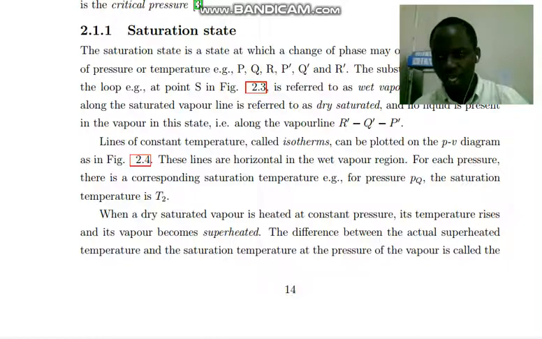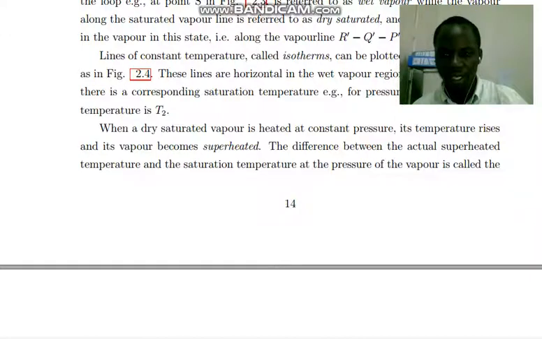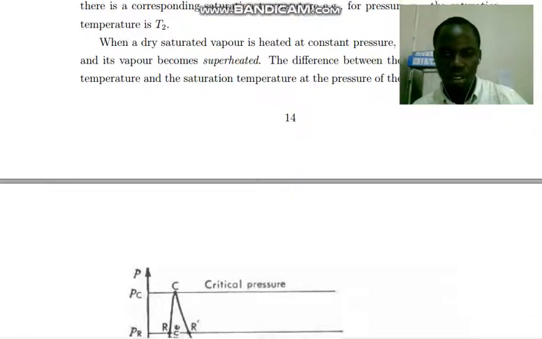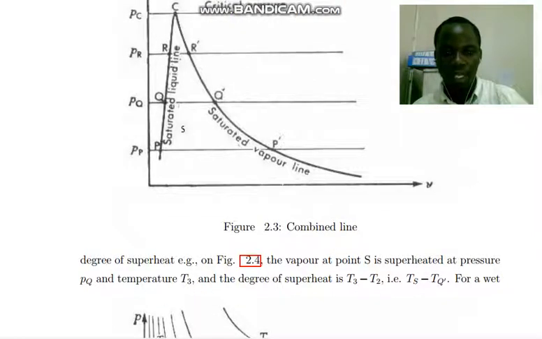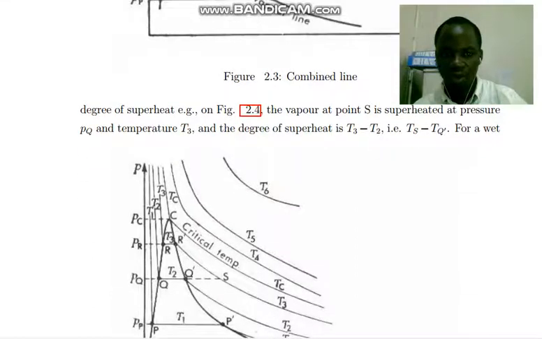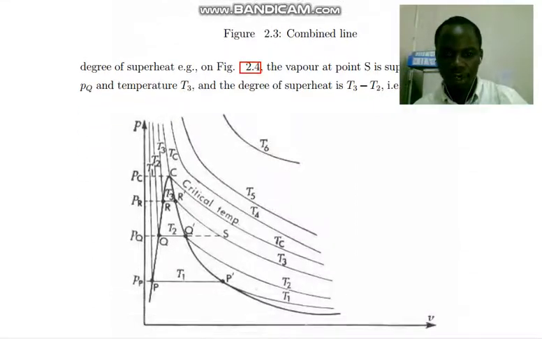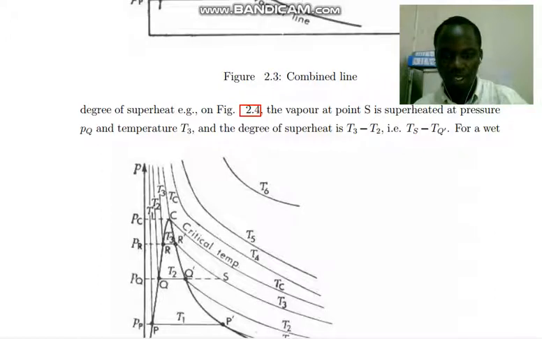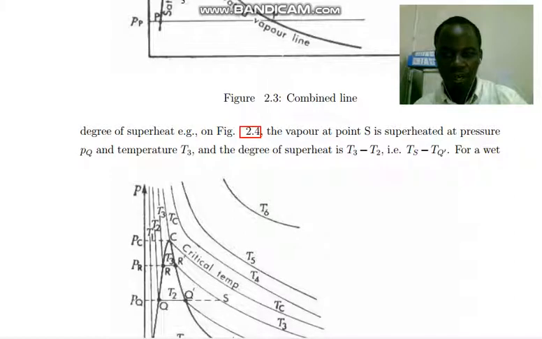The difference between the actual superheated temperature and the saturation temperature at the pressure of the vapor is called the degree of superheat. So in figure 2.4 we have the degree of superheat, and you can see the isotherms within the wet vapor region, and the ones along the curve are called the dry vapor. So the degree of superheat is shown in this figure.